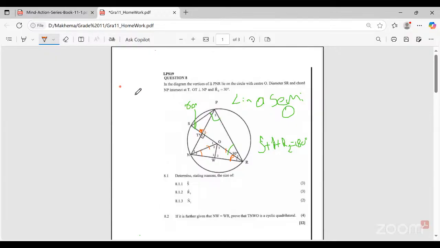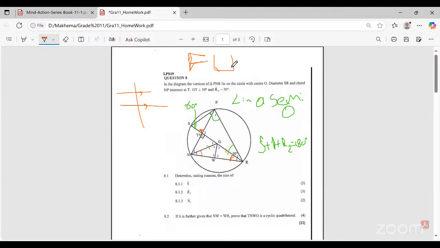You need to note this with parallel lines. I will always emphasize this: wherever you are given that there exist parallel lines in the diagram, that's only where you are going to use the F technique for corresponding angles, only if this line is parallel to this one.